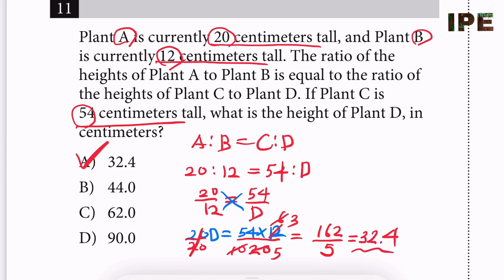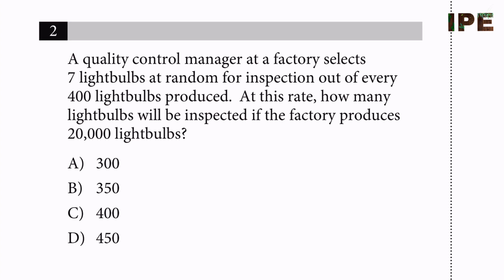A is the answer. A quality control manager at a factory selects 7 light bulbs at random for inspection out of every 400 light bulbs. At the same rate, it's a ratio problem, right? How many light bulbs, X light bulbs, will be inspected if the factory produced 20,000 light bulbs?